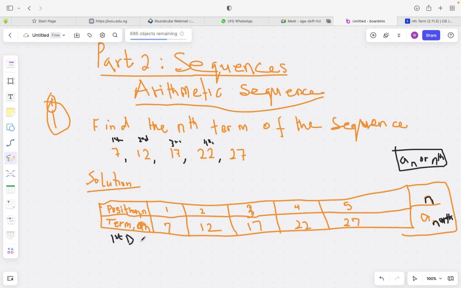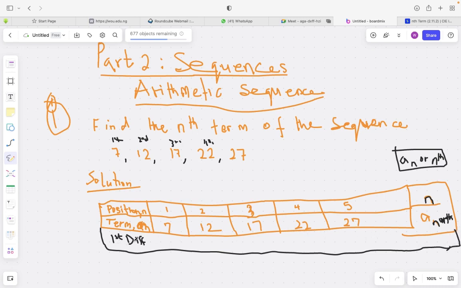If I do the difference between the second and first term, third and second, fourth and third, and the numbers are all the same, then it's a linear sequence, which we call the arithmetic sequence.